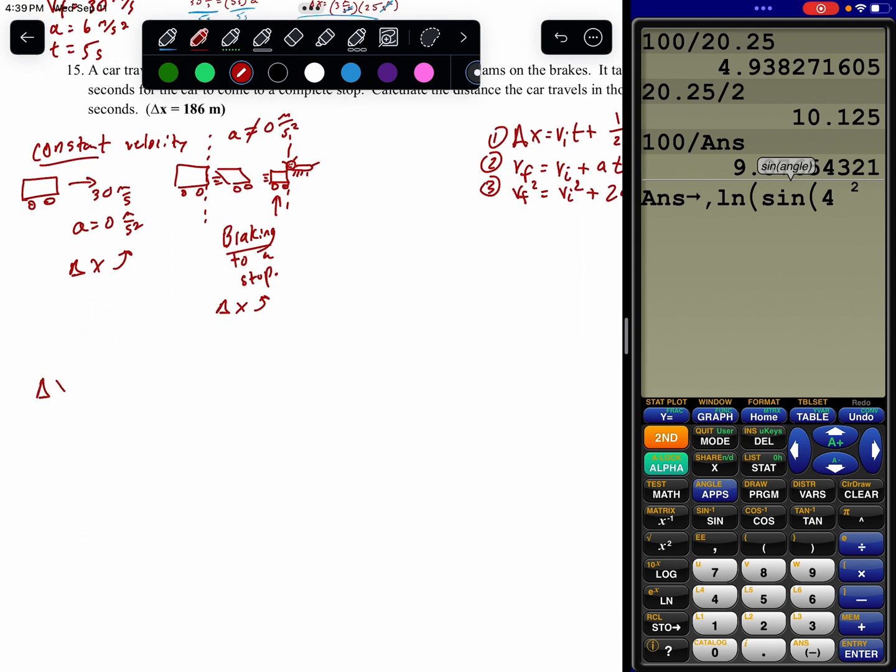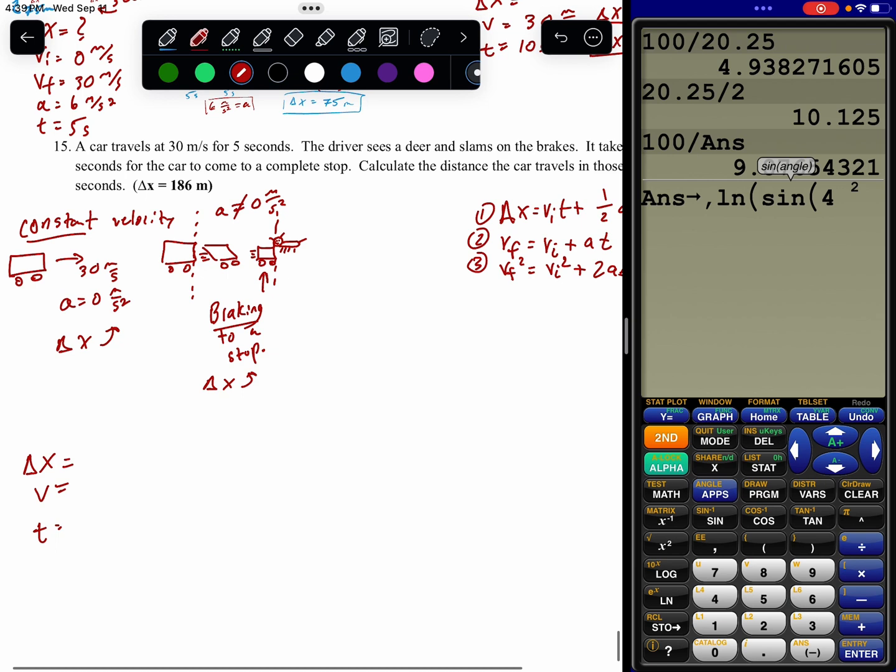Alrighty, part one, delta x, v, and t. Since we're at a constant velocity, we can use our skills from last unit. 30 meters per second for 5 seconds. We have a pretty straightforward problem.